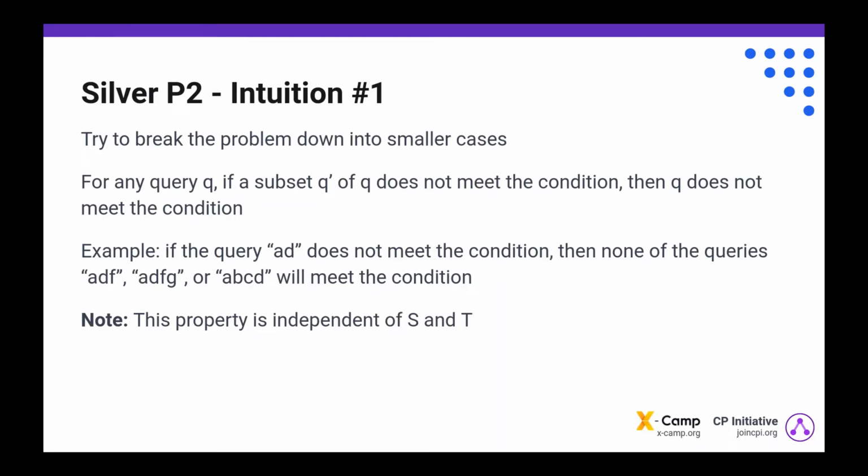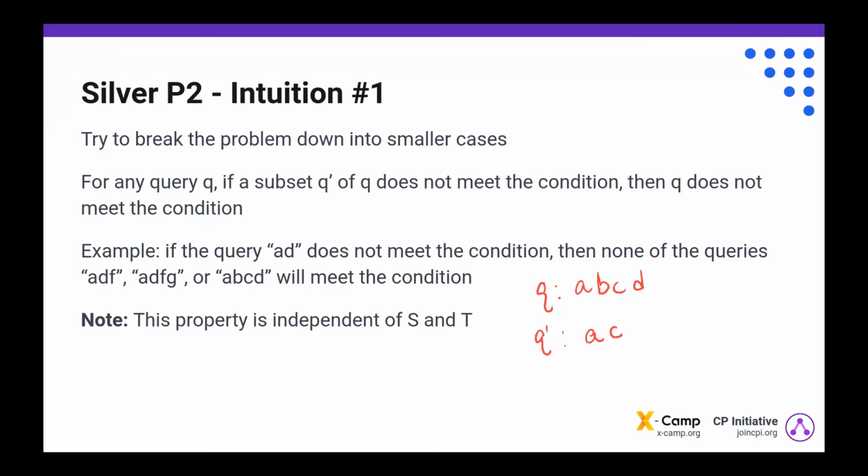Imagine Q is A, B, C, D, right? Now Q prime, let's say AC, right? So if AC does not meet, if AC is failure, then ABCD always has to be a failure. Okay.